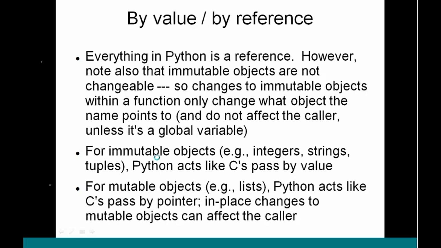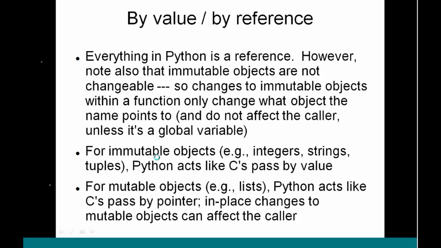So unlike other programming languages like Perl, in Python everything is by reference. But please also note that there are immutable objects that are not changeable. So changes to immutable objects within a function only change what the object name points to, and it does not affect the value itself.